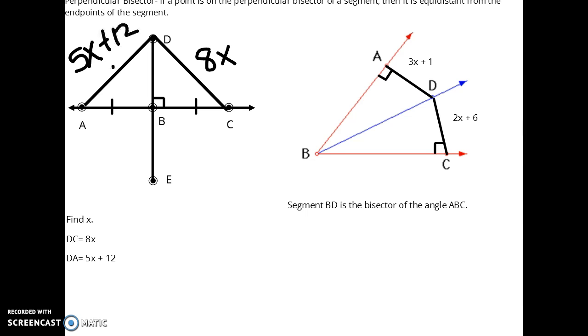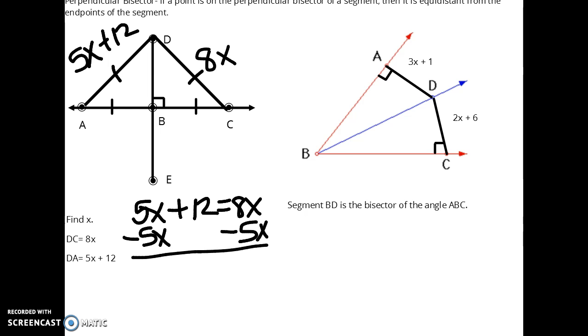That means the length of these two sides are equal, because they are touching the same point equal distance apart. So we're going to go ahead and subtract 5X from both sides. That gives us 12 equals 3X. You divide by 3, X equals 4. Now, because it says find X, we know that 4 is okay.